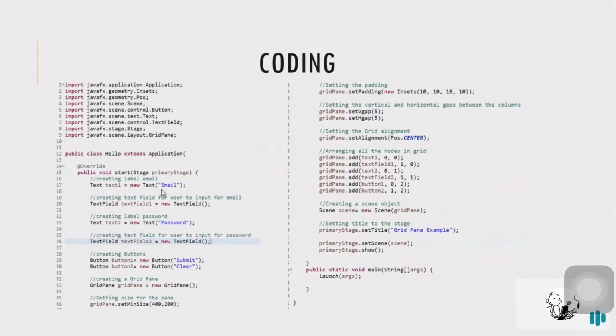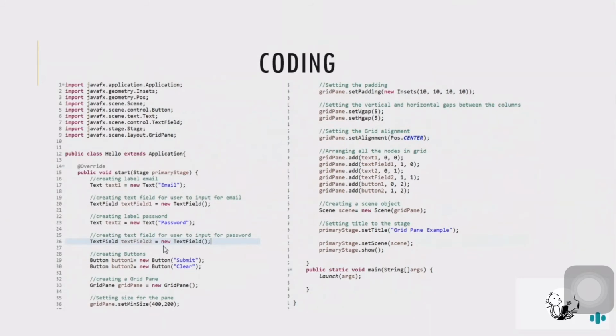For the first one, text1, it is to create the label email, so I assign text1 equal to new Text email. And then we want to create a text field for the user to input the email, so we assign textField1 equal to new TextField. Then create the label password same as the email, but we use text2 equal to new Text password. We assign it as text2 for password.